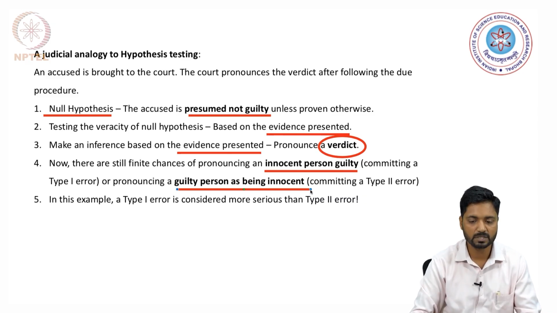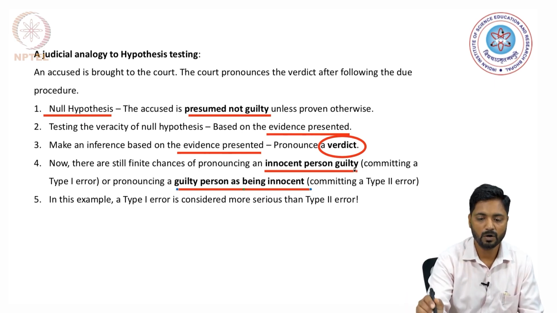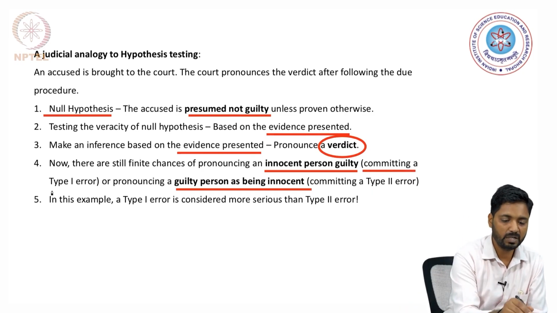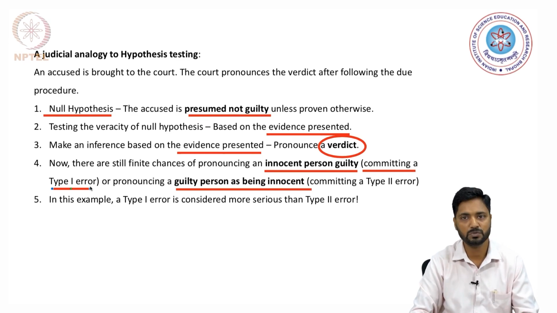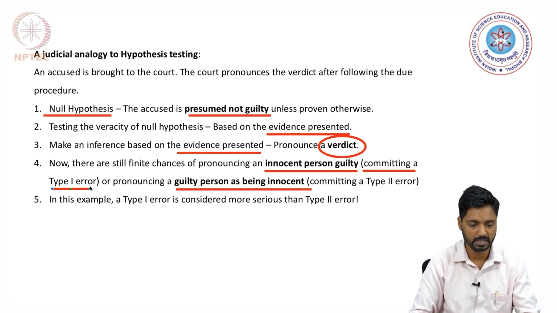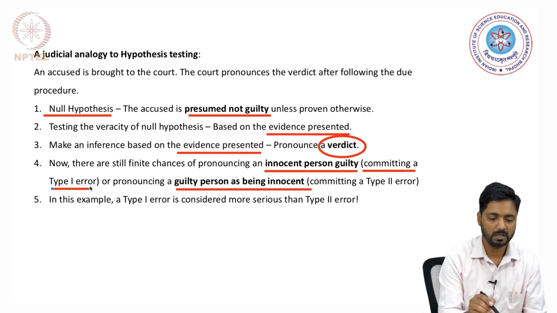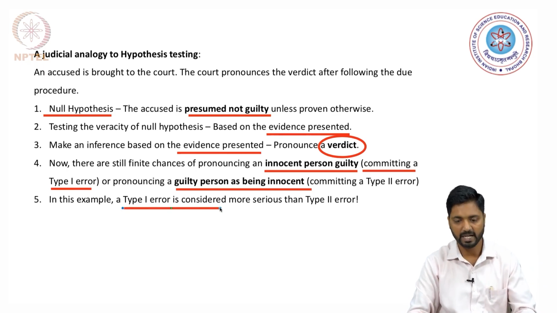So in the first case, we are essentially rejecting the null hypothesis of the person being not guilty by committing a type 1 error, while in the second case we are accepting the null hypothesis when it should not be accepted, or when the person is actually guilty but is being pronounced innocent. Now, we all understand that in jurisprudence, the type 1 error is considered to be more serious than type 2 error.